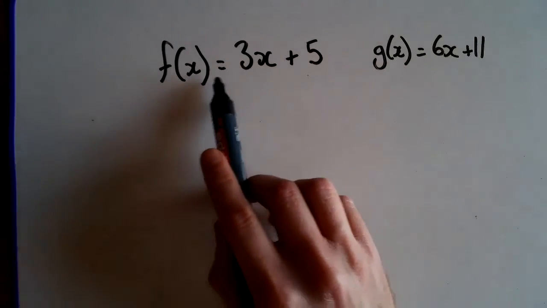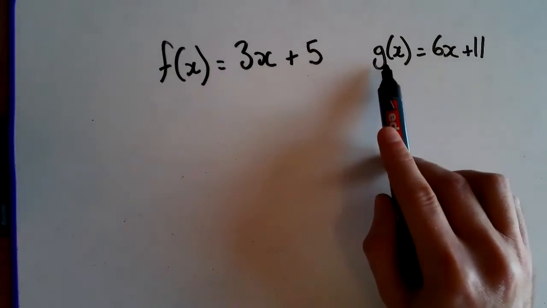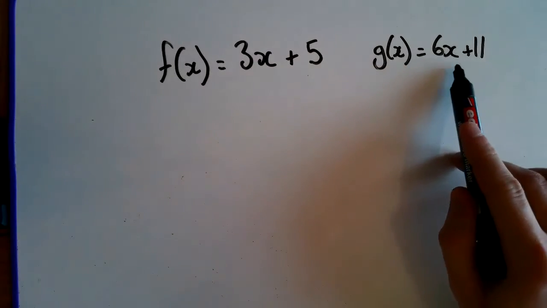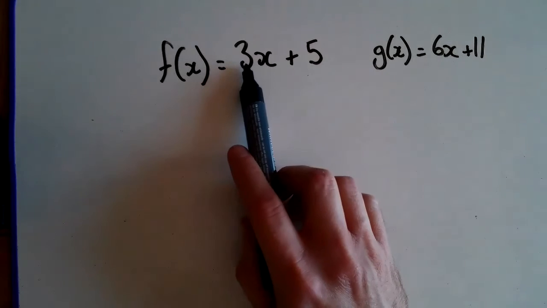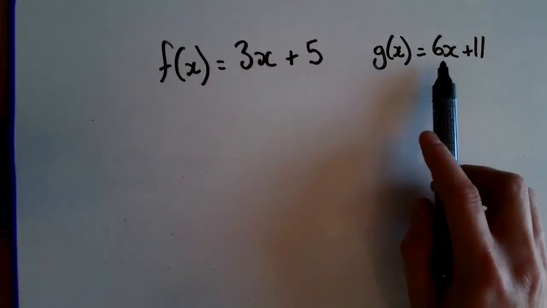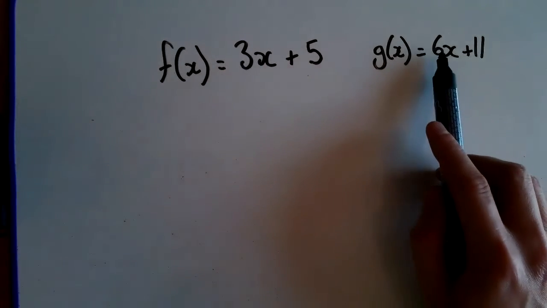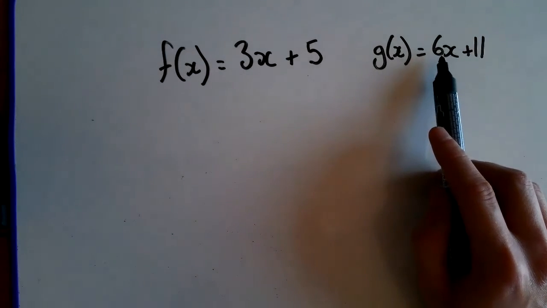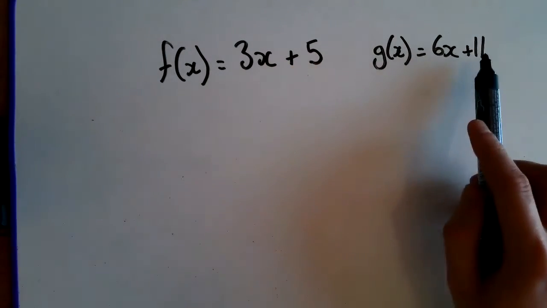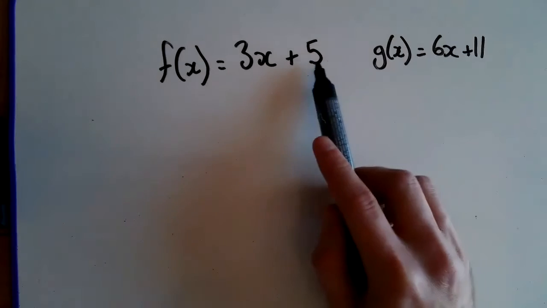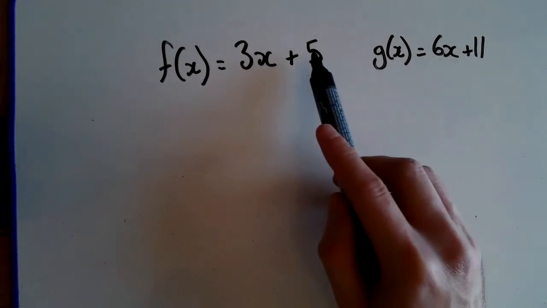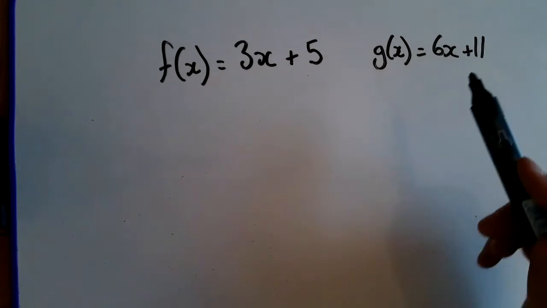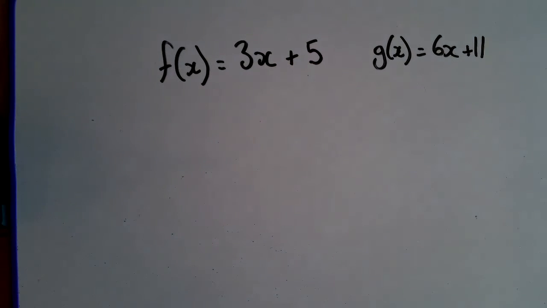So my original function is 3x add 5, and my new function is 6x add 11. So hopefully you agree that there's definitely some kind of stretch, because that's changed from a 3 to a 6. And it looks like it's some kind of translation as well, because I can't do 5 times 2 to get 11. Well, 3 times 2 would give me 6, but 5 times 2 wouldn't give me 11.